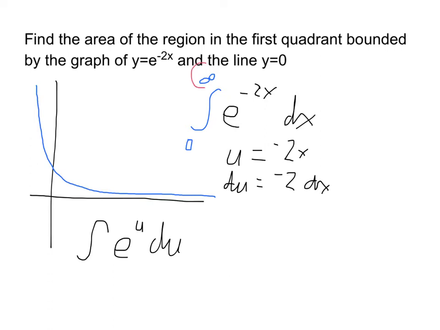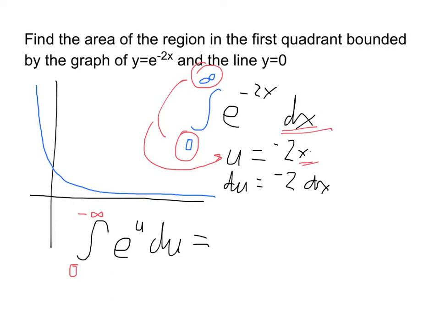These bounds up here, this infinity and the 0, are both x's. To change them into u's, we simply take those two bounds and plug them into our u equation as x's to find out the u values. When you plug in 0, you get 0. When you plug in infinity, you get -infinity, which might make you feel like you're doing the problem wrong, but it will work out in the end, I promise.